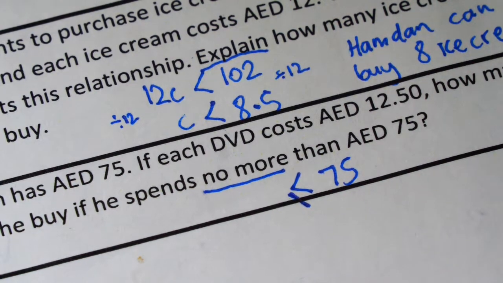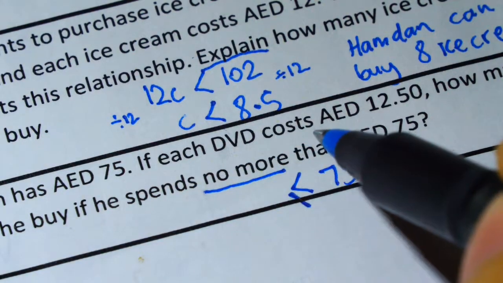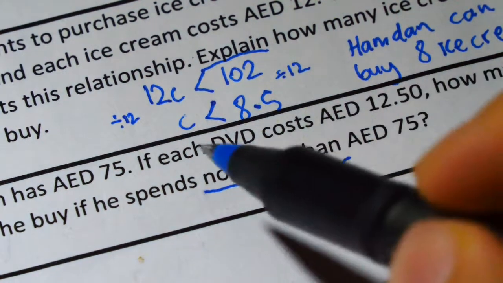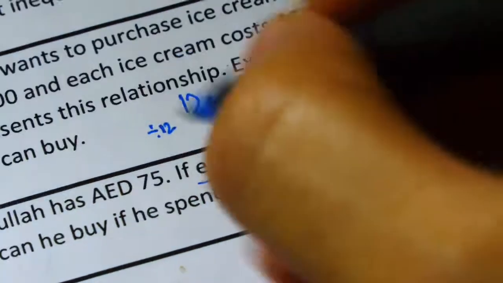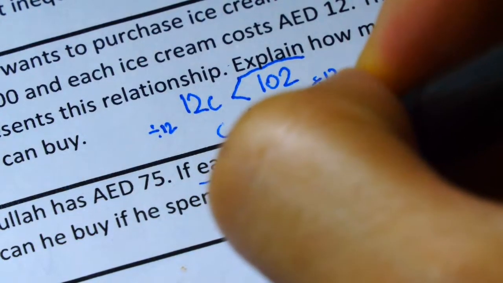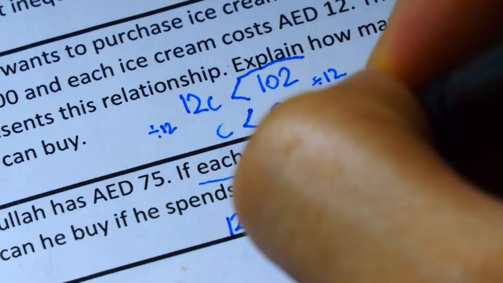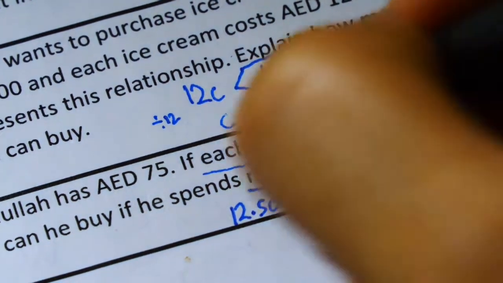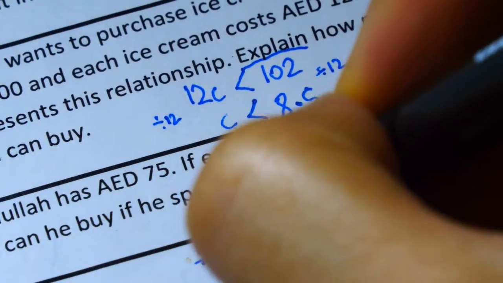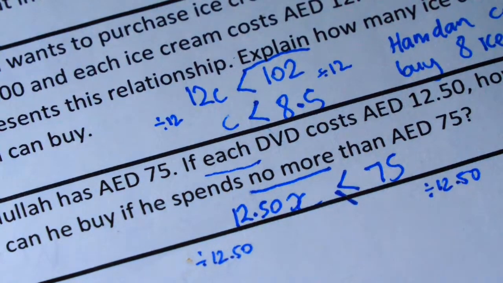He can't spend more. So here we have each DVD costs 12 dirhams 50. Each DVD. But we don't know how many DVDs. So I'm going to say 1250 times x, or 1250 x. If I want to solve this, divide by 1250, divide by 1250.